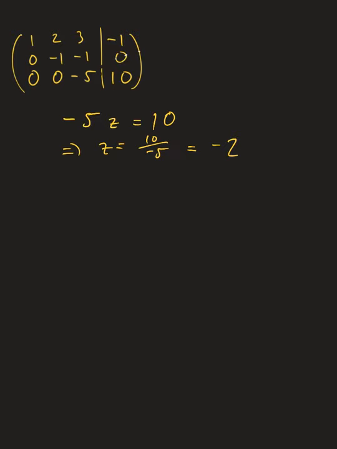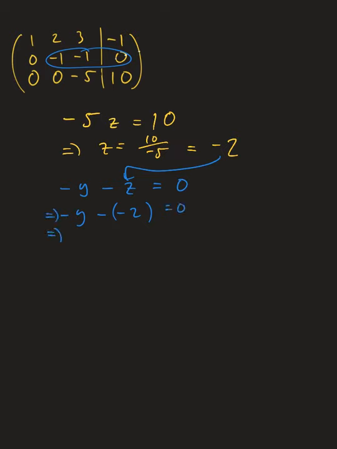I can now substitute that back into the second line. So the second line says that minus y minus z is equal to 0. So I can substitute that value in here for z, and I get minus y minus minus 2 is equal to 0.